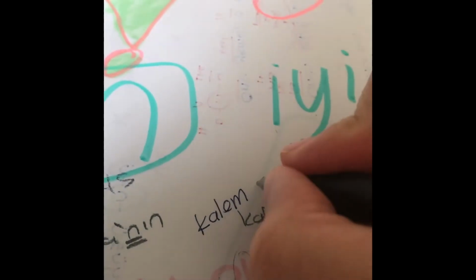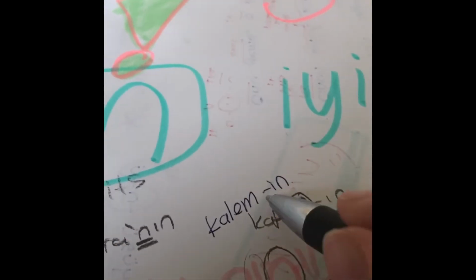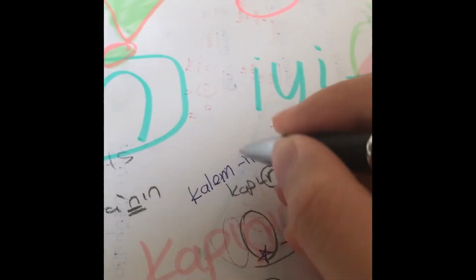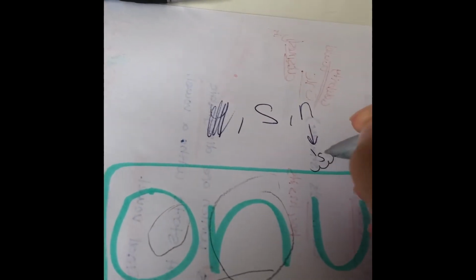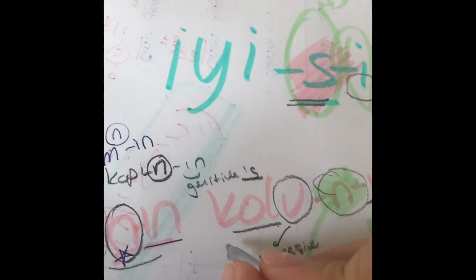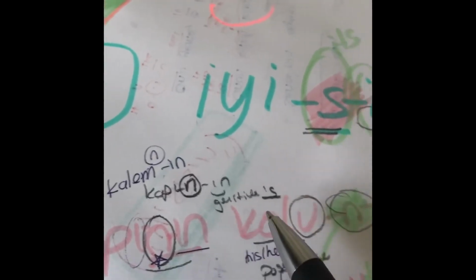But let's think of another word, our word, kalem. So we say kalemin without adding N. But if that ended with a vowel, we would use N. So N is for S. And kolu. This is the possessive suffix its, as we know. Kolu means his, her, its arm. So this means the door's arm.